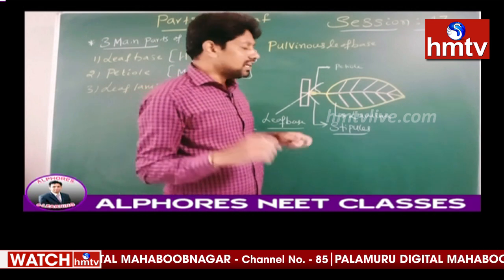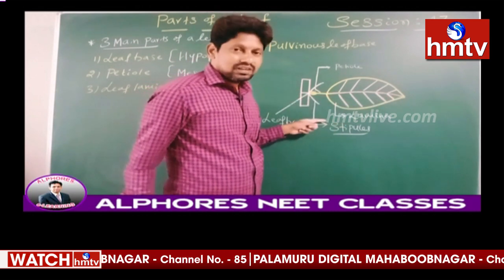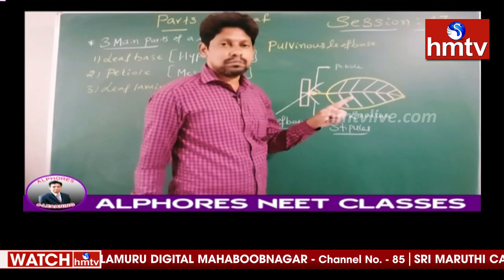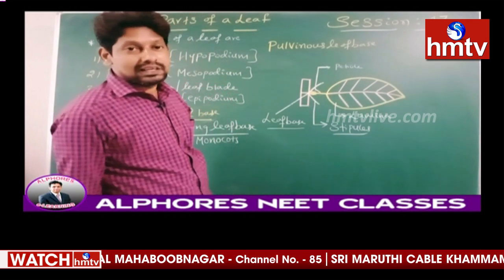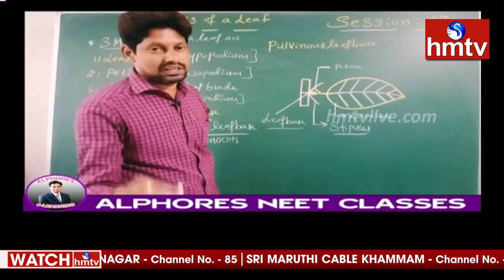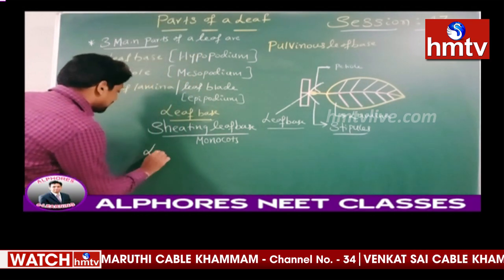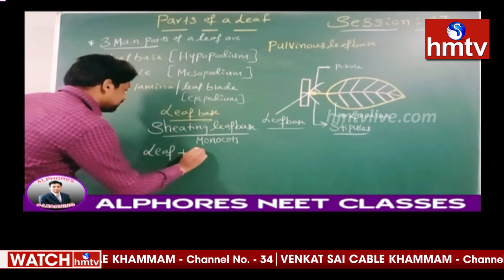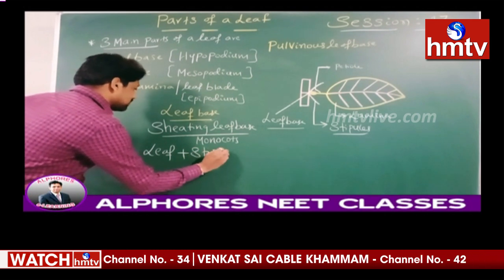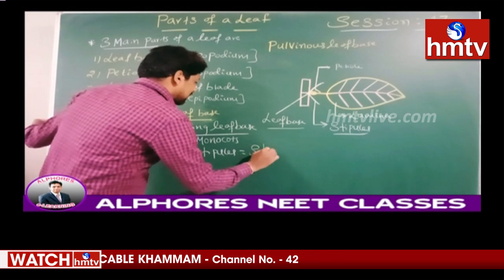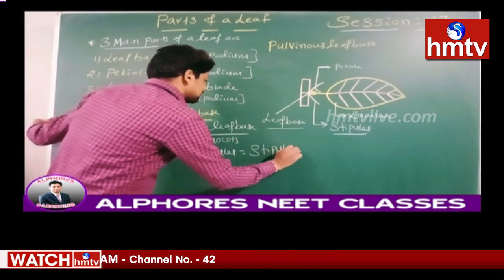See this diagram. In this diagram, the leaf is with stipules. If a leaf is with stipules, that leaf is called a stipulate leaf.